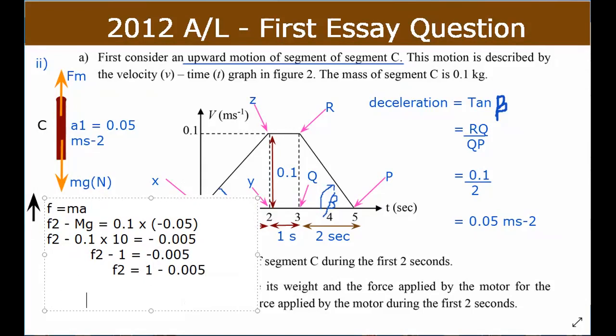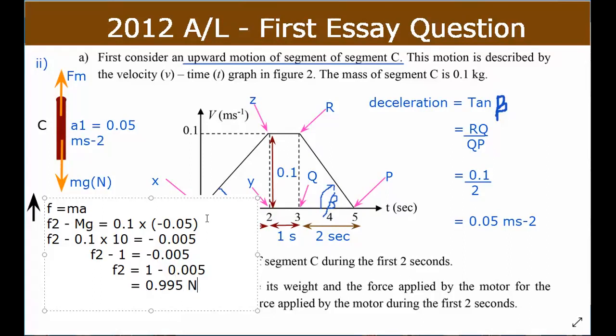If you subtract this, it is very simple, right? So then you get, you have to take this 1 to 1 decimal point. So this will be 10, this will be 10, and this will be 9, this will be 9, and this will be 10. 10 minus 5 is 5. So it means 0.995 Newton.